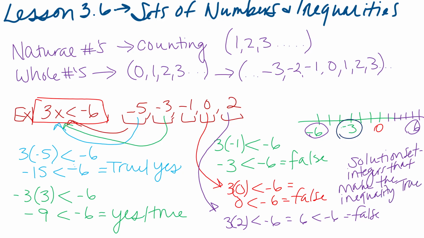So the two numbers that are part of this solution set that make this true are -5 and -3. So if it asks me what my solution set is, I'm going to tell them that my solution set equals -5 and -3.